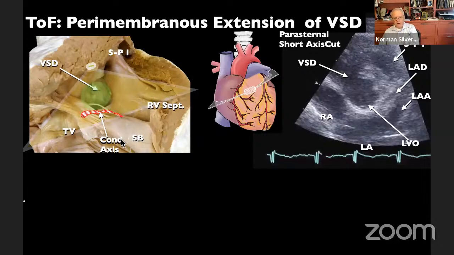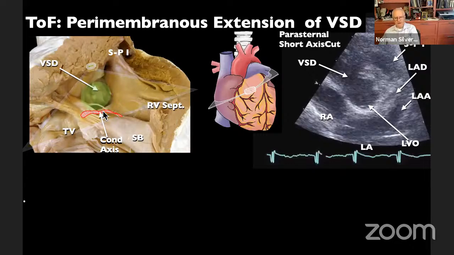So let's look here at a specimen, and the first thing that we put in here is the axis of the conducting tissue. And you're looking here at the interventricular communication, and we see the septal band here, and we see the other part of the septal band subtending the V of the VSD here.